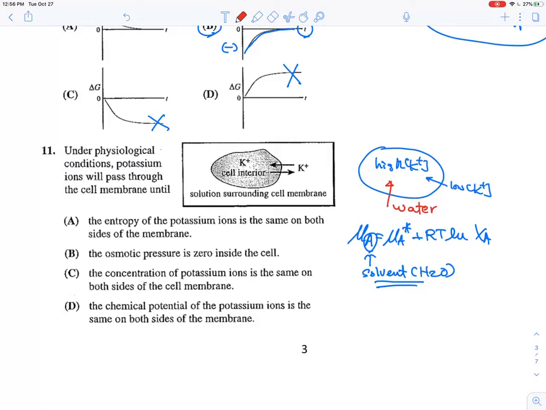So the water permeates through until they reach the steady state, until their chemical potentials are essentially the same. So my answer is that the chemical potential of the potassium ions is the same on both sides of the membrane. So does the water. So I think my choice will be D. This is more like a concept question they gave us.